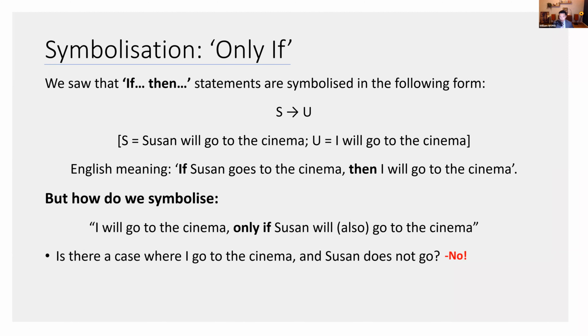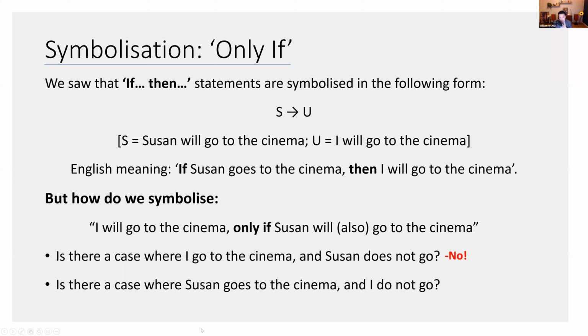Okay. What about this? Is there going to be a case where Susan goes to the cinema and I do not go? Now think about this very carefully. If this sentence were true, would there be a case where Susan goes to the cinema and I do not go? Well, actually, the sentence doesn't say anything about this.